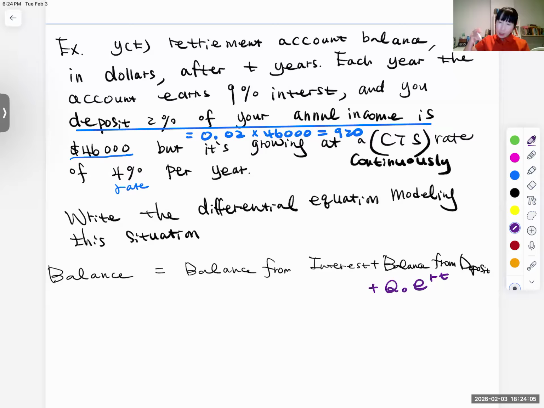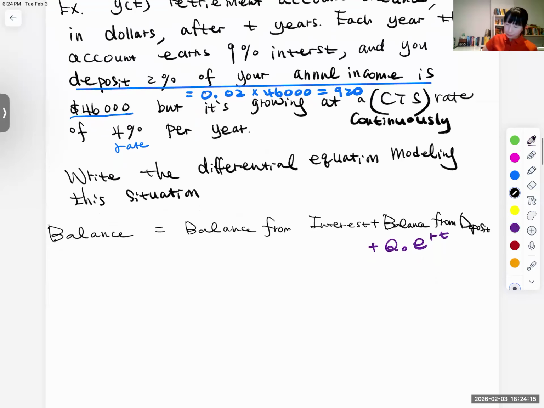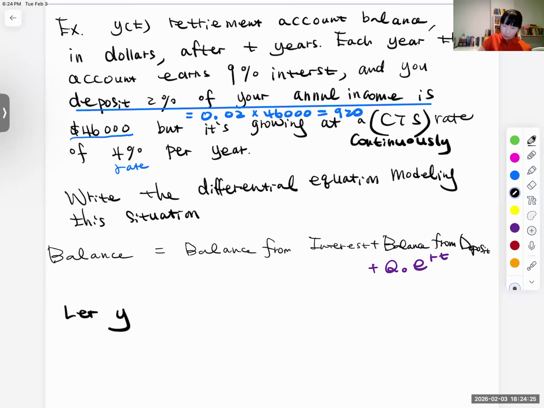They say that each year the account earns 9% interest. So let y be the retirement account money.